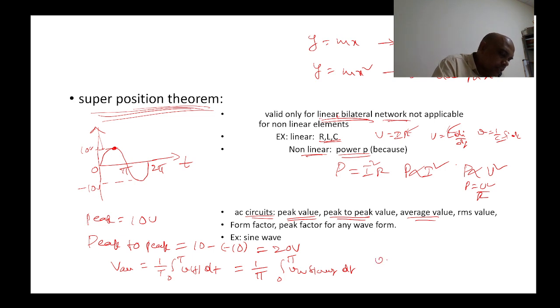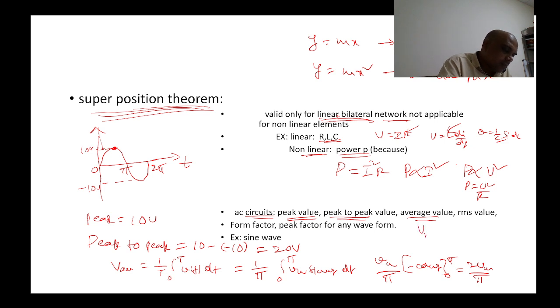That is Vm by pi times the integral of sin omega t, which is minus cos omega t, from 0 to pi. Cos pi minus 1 gives minus 1 minus 1, so the result is 2 Vm by pi.